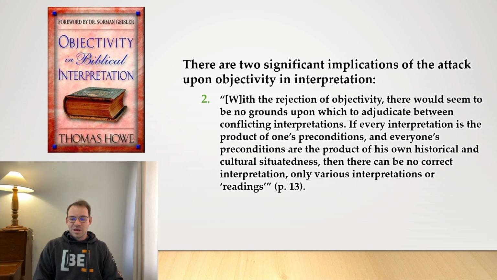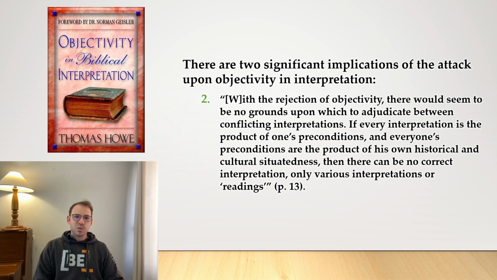And then secondly, the second implication of the attack upon objectivity is this. With the rejection of objectivity, there would seem to be no grounds upon which to adjudicate between conflicting interpretations. If every interpretation is the product of one's preconditions, and everyone's preconditions are the product of his own historical and cultural situatedness, then there can be no correct interpretation, only various interpretations or readings.